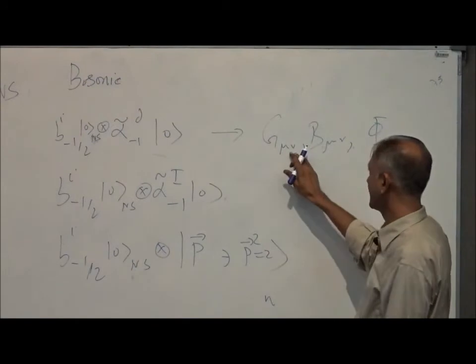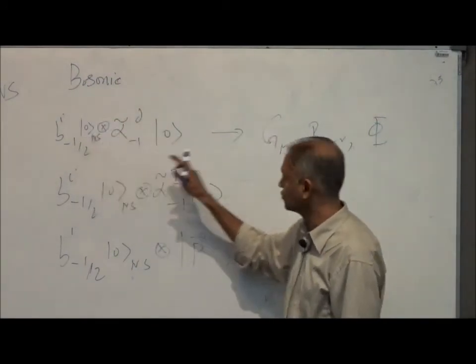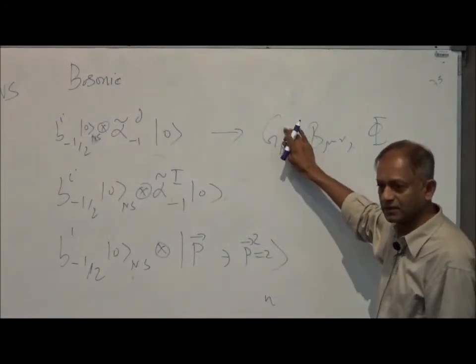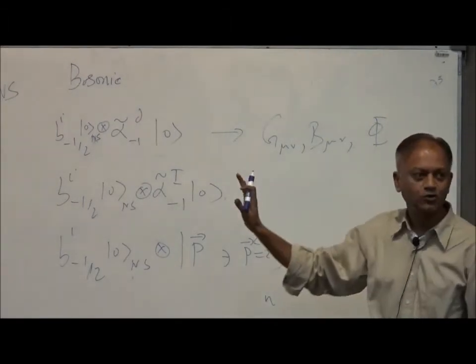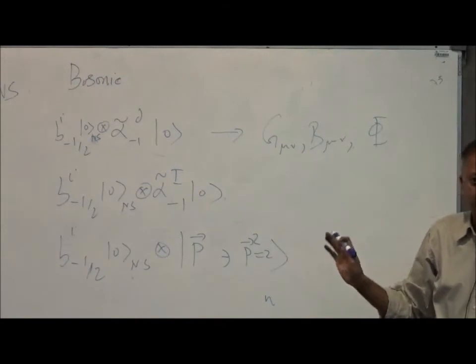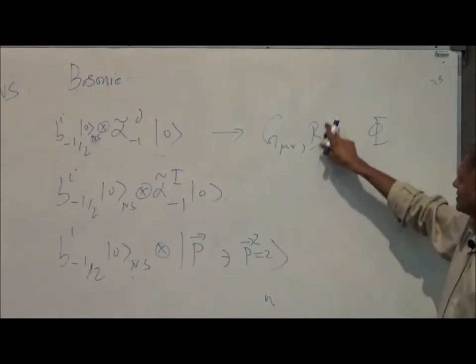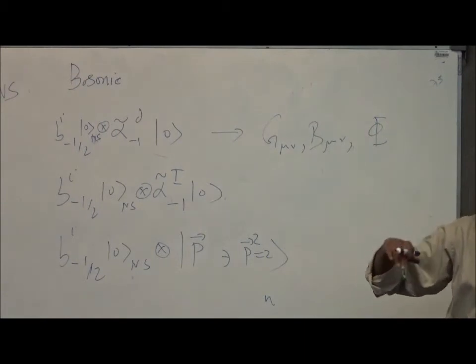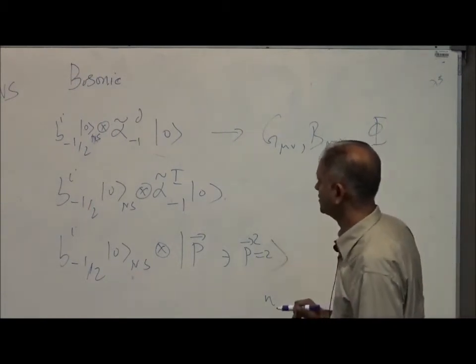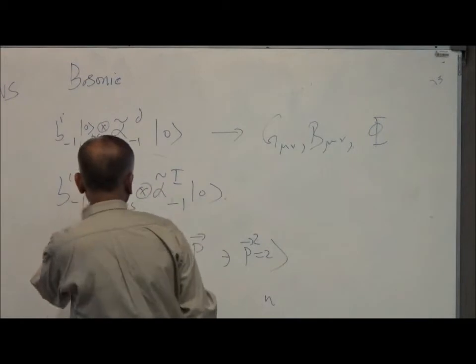Once you go back to the covariant language from the light cone, this will become the metric, antisymmetric tensor, and the dilaton. So this is pretty universal. Basically, in all string theories, you have this, except in type I, where this is projected out, but reappears in the Ramond sector.